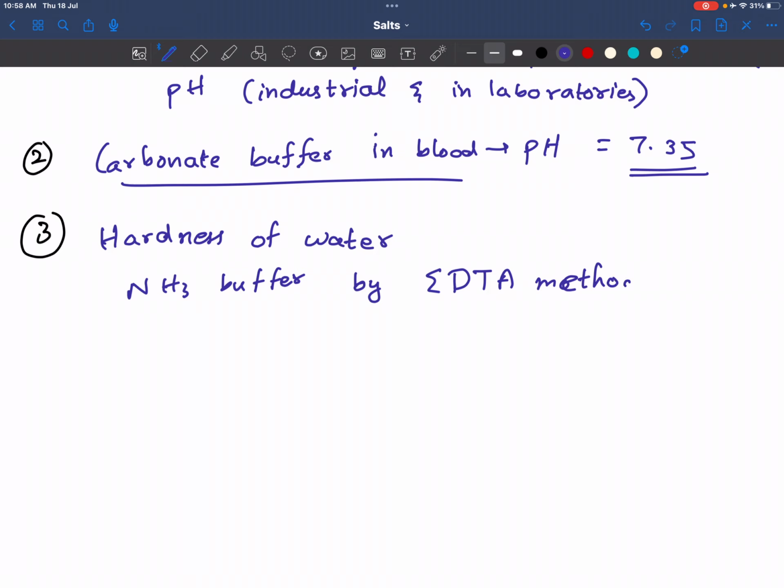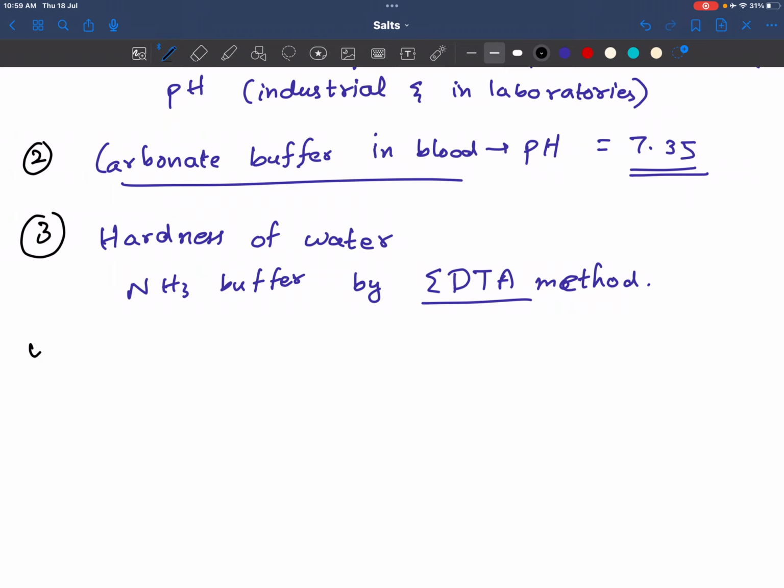EDTA is not a metal complex. EDTA is a ligand. It forms metal complexes to precipitate either calcium or magnesium as a red precipitate, which using NH3 buffer is controlled, how much it precipitates. It is made to precipitate fully so that we can measure the hardness of water properly.